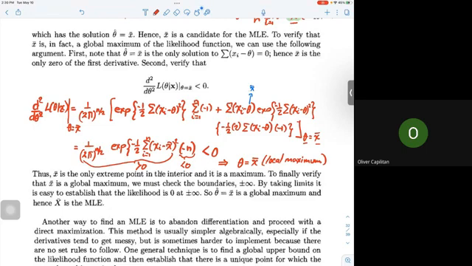That's a local maximum. To finally verify that x bar is a global maximum, we must check the boundaries, from positive infinity to negative infinity. So by taking the limit, obviously, we establish that the likelihood is zero at positive and negative infinity.